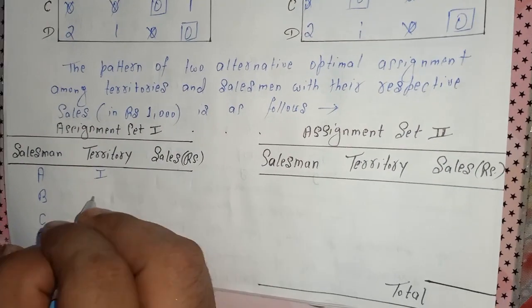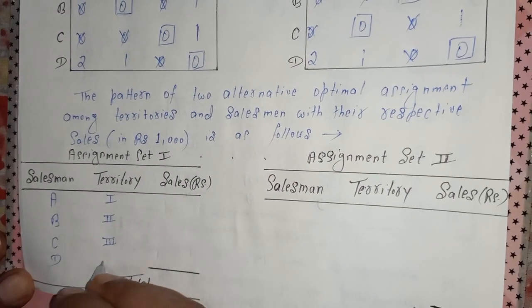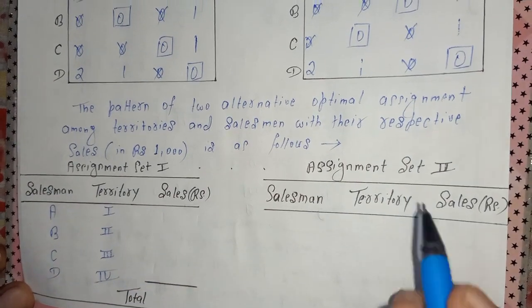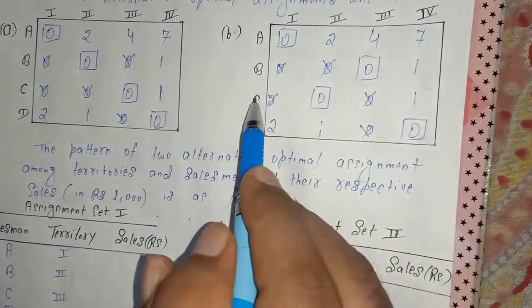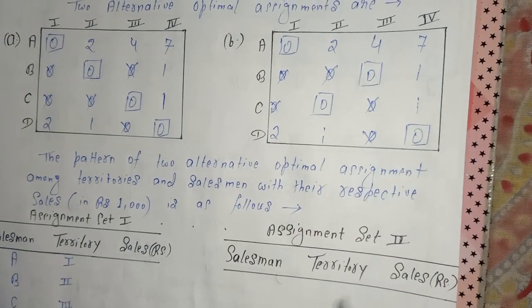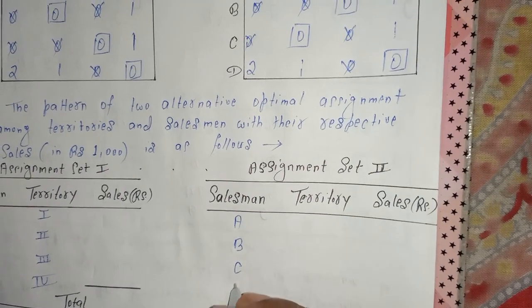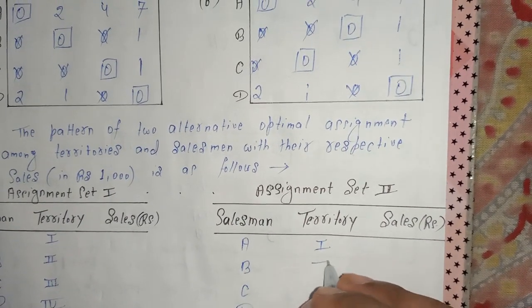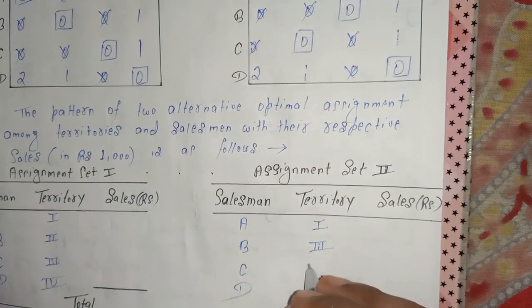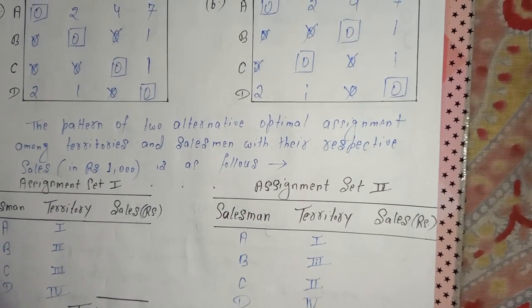In the second set, we have A to first, B to third, C to second, D to fourth.